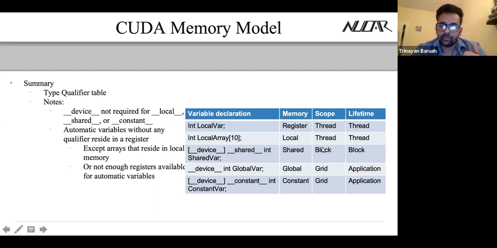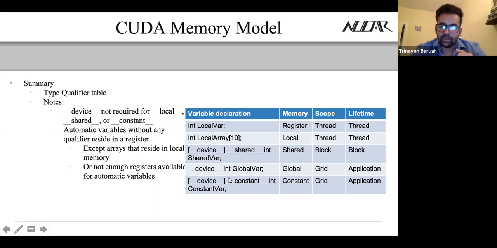As I mentioned before, each thread in a block can access this shared memory, so the scope is the block itself, like all the threads in a block. This shared memory will be released when the block terminates, so the lifetime of this variable is the lifetime of the block. Once all the threads in the block finish, the hardware will release this shared memory to be used by the next block.